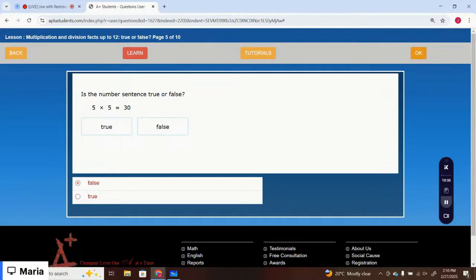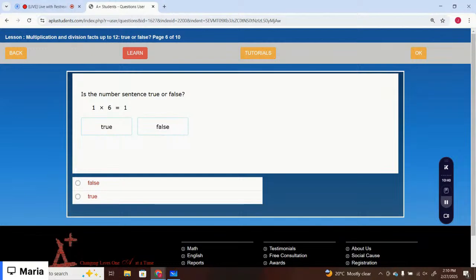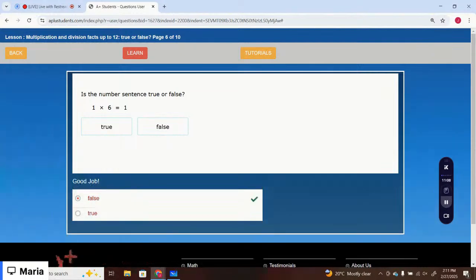That is false. Is the number sentence true or false? 1 times 6 equals 1. False, it is. Option number 1 is the correct option.